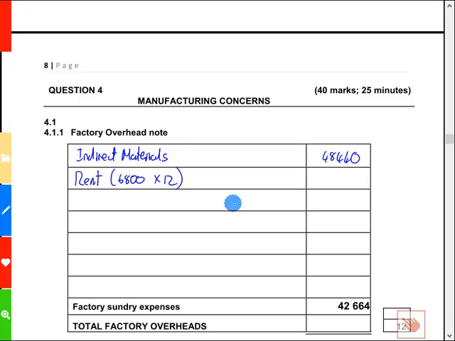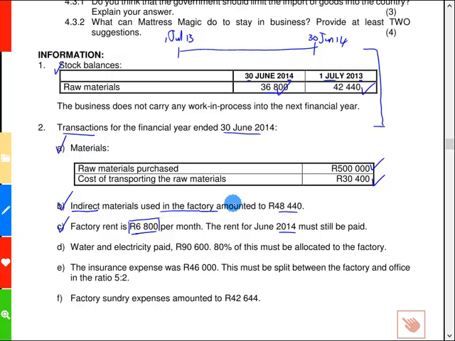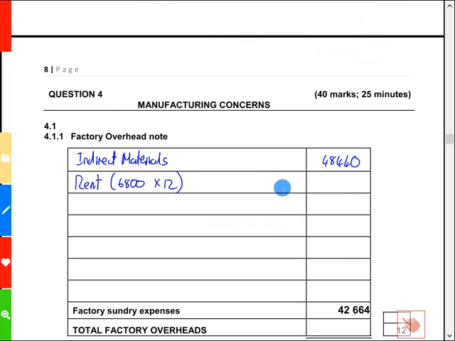What they could have done is they could have told you that the total rent amounted to 10,000 Rand per month, and it is split between the factory and the admin department in the ratio 5:2, and then you have to work out specifically what portion goes to the factory and what portion goes to the admin department. So we're just told everything is factory. 6,800 times 12, what's the answer? 81,600. Great.